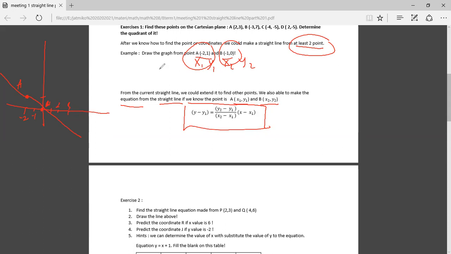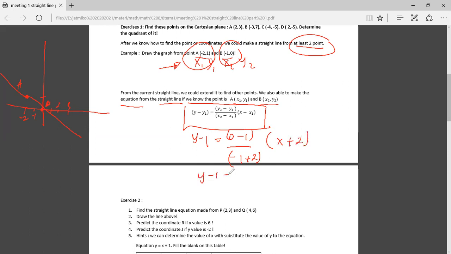So we want to find out the equation for this example. So y minus y1, which is 1, equals 0 minus 1 divided by -1 minus -2, times x minus -2.